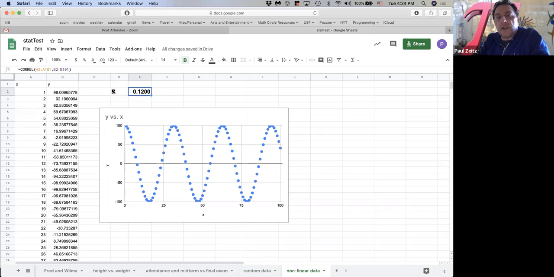So if somebody did not make a graph of this and they just had the numbers, they'd say, well, there's not really much association between the X variable and the Y variable, when in fact, the X value gives you a precise prediction of the Y value, because it's a trigonometric function. I'm actually using the cosine function, but it's showing that whatever X is, it's sort of modeling a spring going up and down.